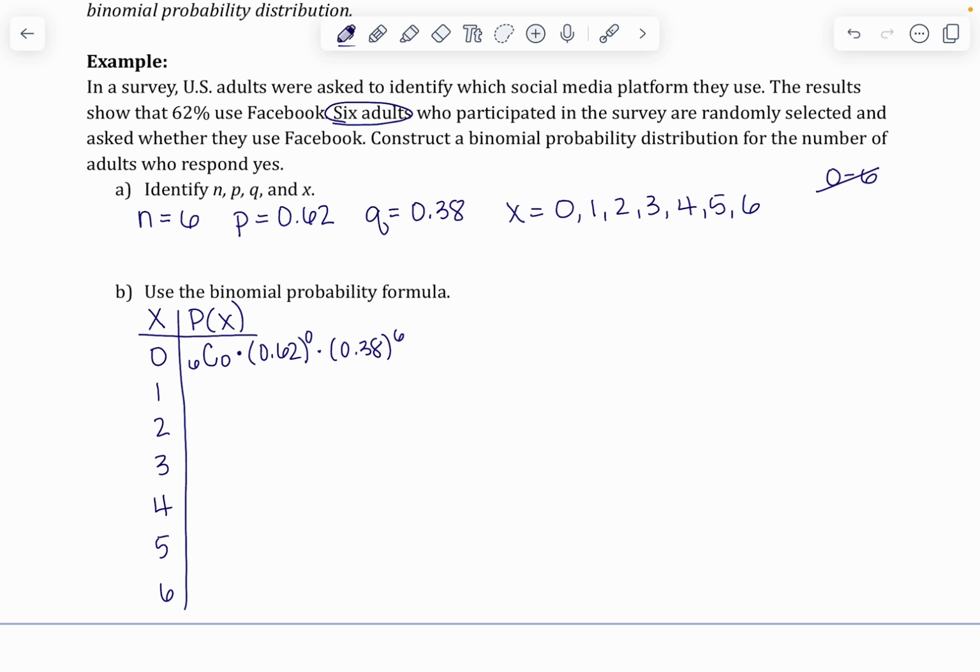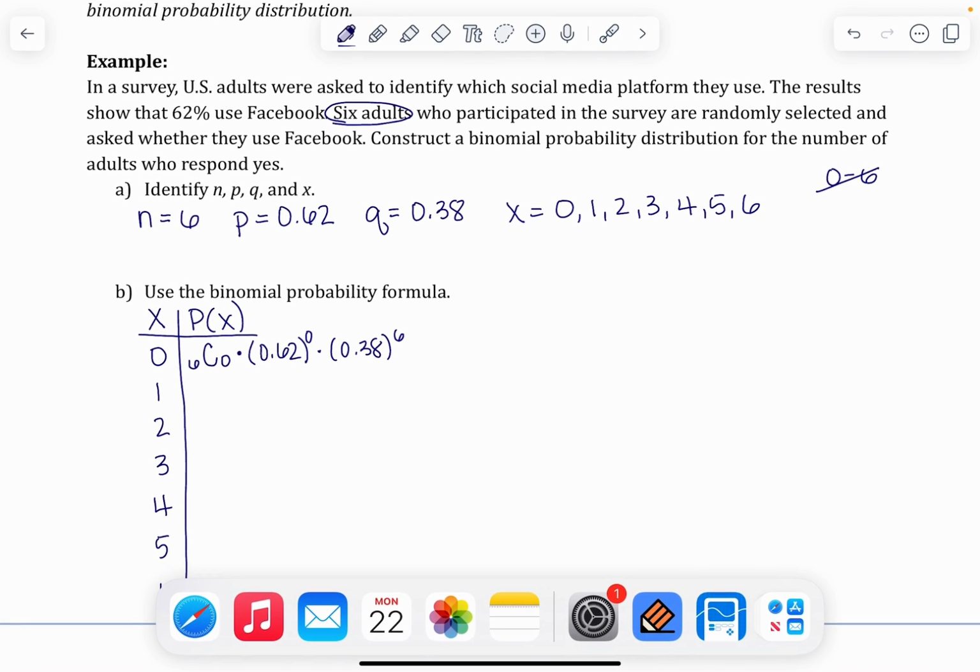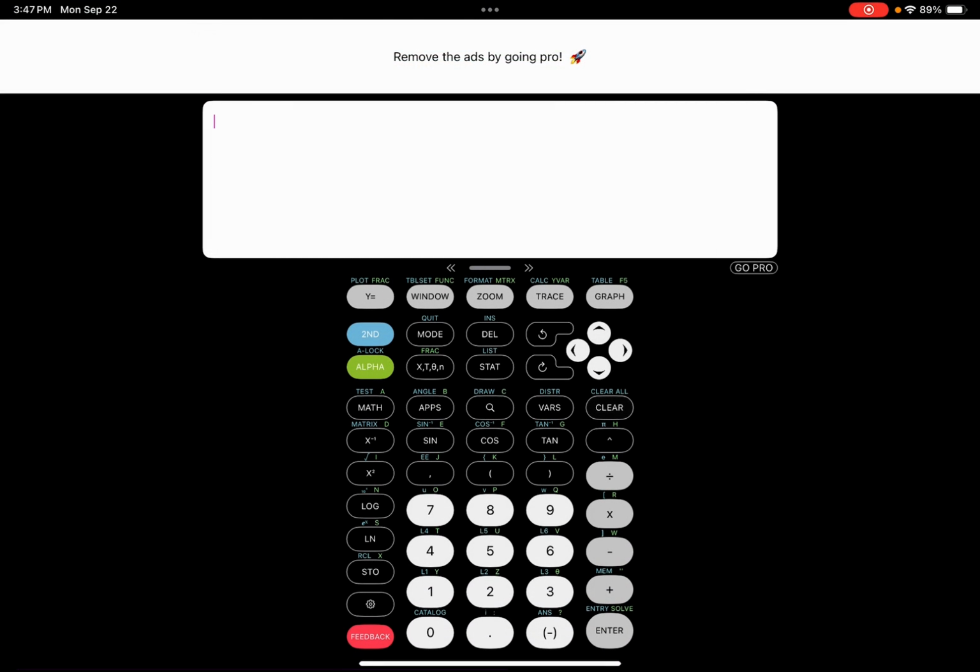All right, so let's plug that in our calculator. So we have 6 combination. Oops, helps if I type it in correctly. Let's try that again.